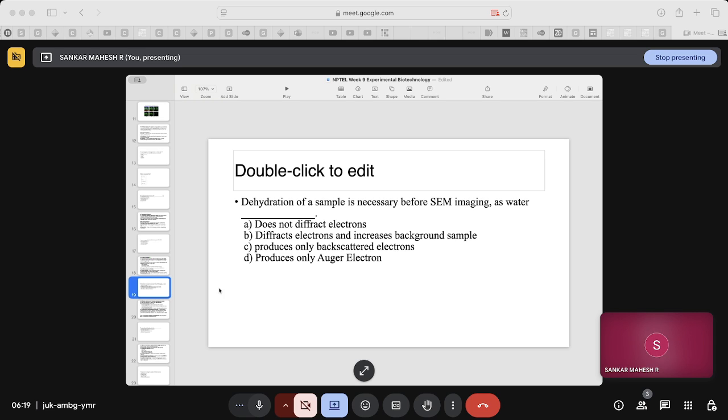So now with respect to SEM imaging, we do the dehydration, which is to remove water. Now that said, if we look at the four options here: dehydration is necessary because water does not diffract electrons, or does it diffract electrons and increase background, or does it produce backscattered electrons, or it produces only Auger electrons?